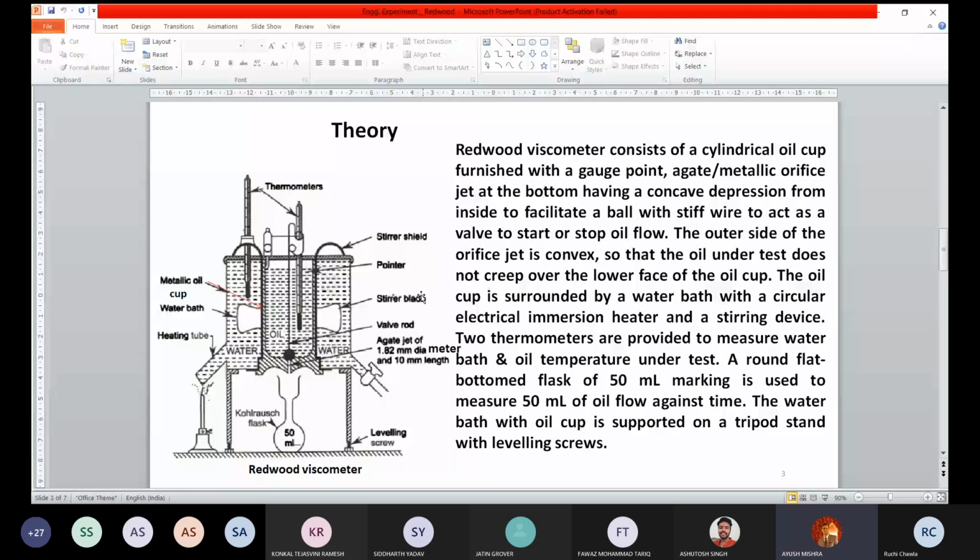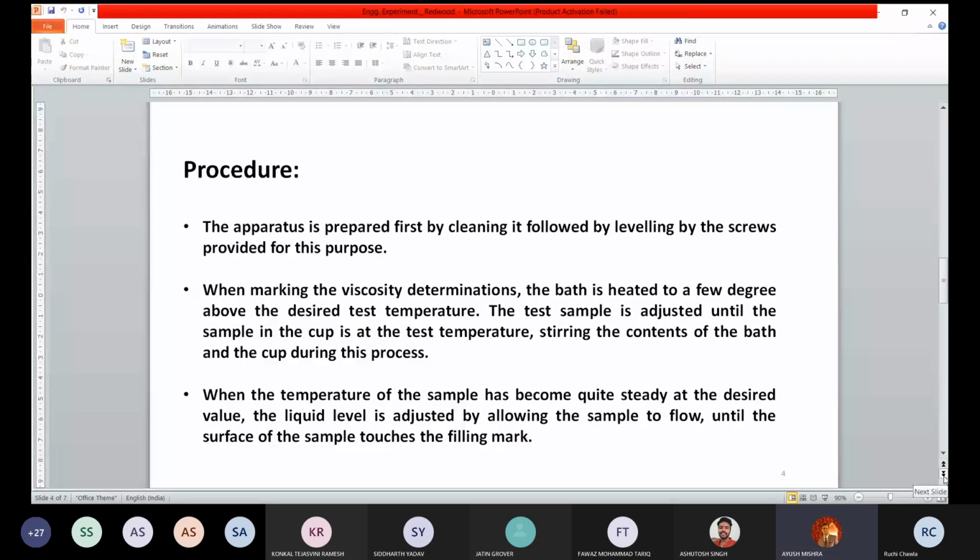Excuse me, ma'am. Yes. Ma'am, what is the function of the stirrer sheet, the circular sheet on the top right? Why is it circular you want to know, or what is the purpose of the stirrer you want to know? Ma'am, you told that the stirrer blade is for uniform heating. But what is the purpose of the stirrer sheet?